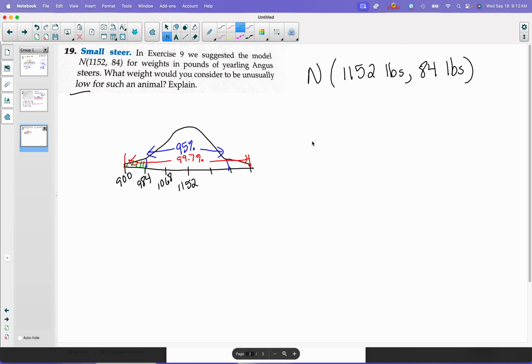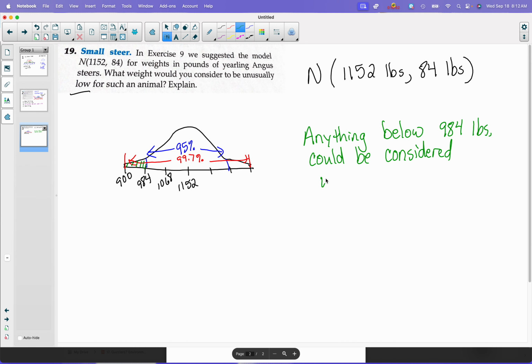So I'm going to consider anything below 984 pounds could be considered unusual, since it is 2 standard deviations below the mean.